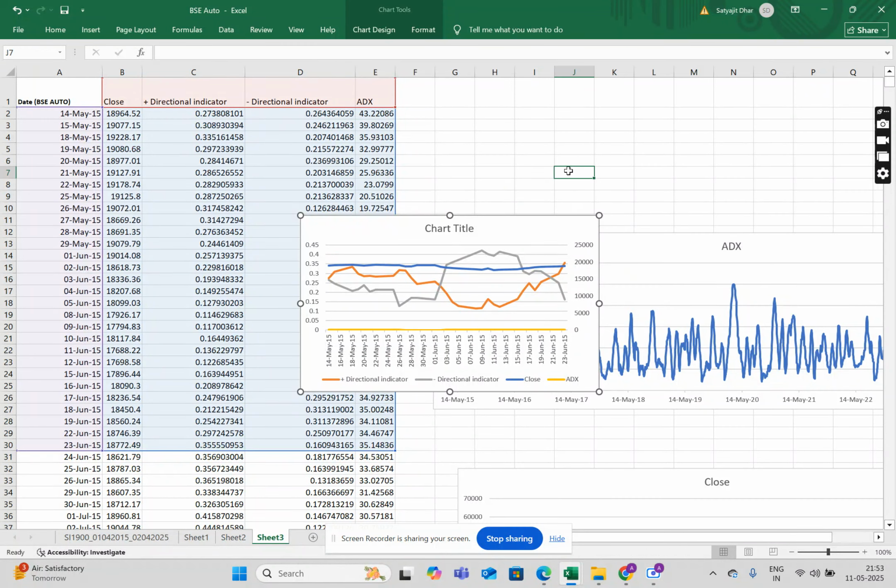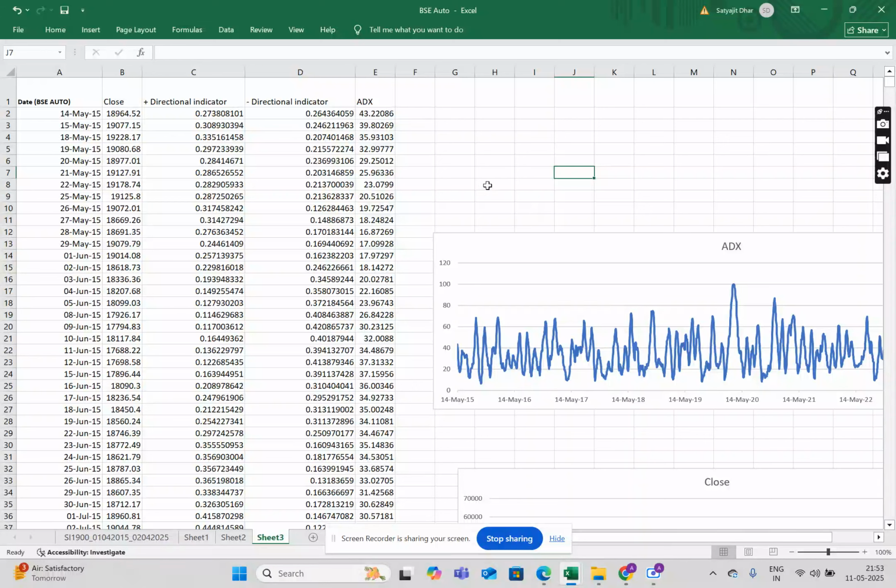Actually, there is some problem with the scaling, so we can remove that also. The way you will analyze is up to you. You can just choose the close prices and the ADX.